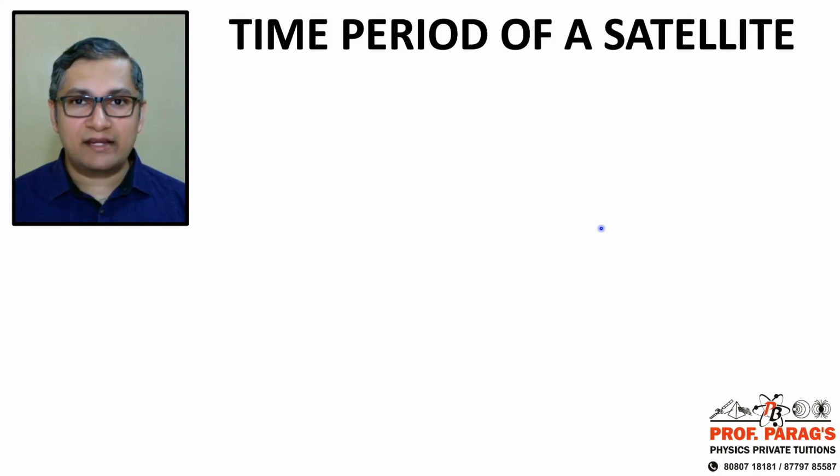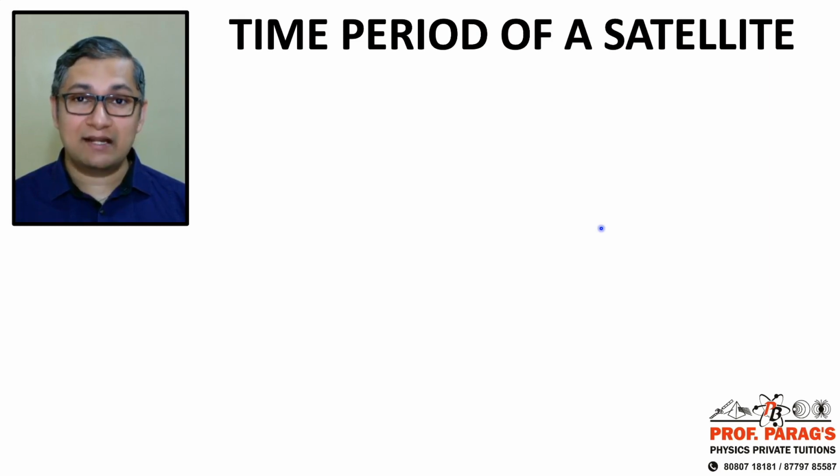In a few seconds that satellite is going to go away, because it is orbiting Earth. So the time period will help us know after how much time that satellite will be back in the same position. Or in other words, if I know the time period, I will know how many satellites I would need in the orbit. One satellite is not enough.